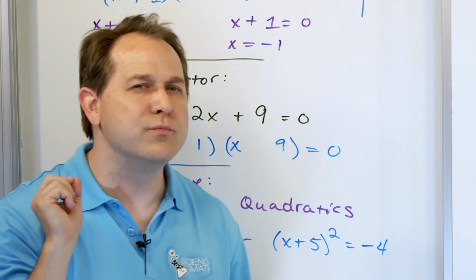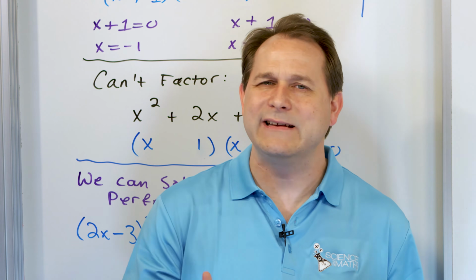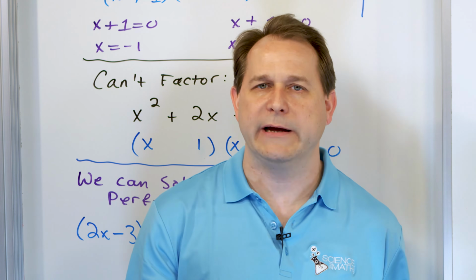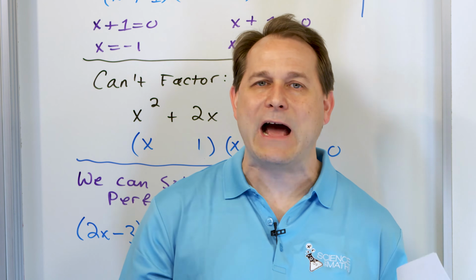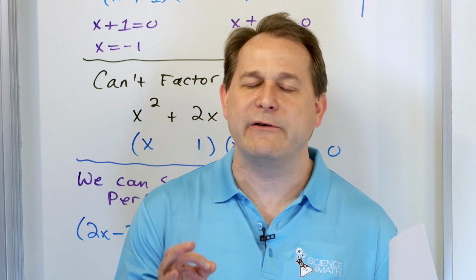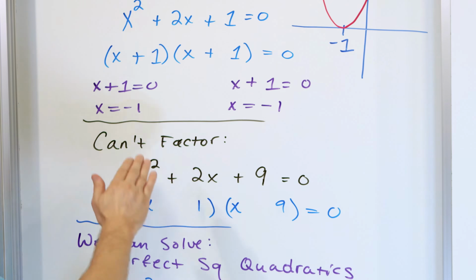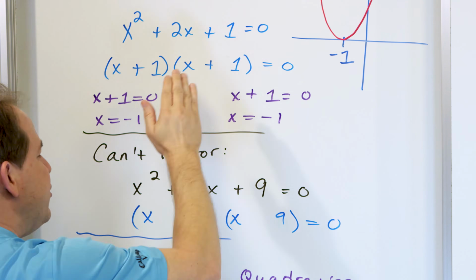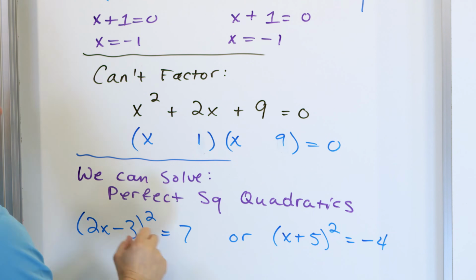I'm going to say that 2 more times because it's so important. When I first learned completing the square, I didn't understand why we were learning it. The reason you're learning completing the square is because up until now in algebra, you only know how to solve very special quadratic equations. You can only solve them if they're factorable like this. And you can only solve them if they're very, very easily able to take the square root of both sides like this.